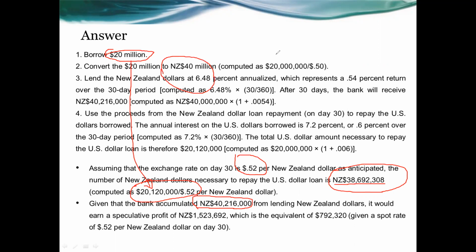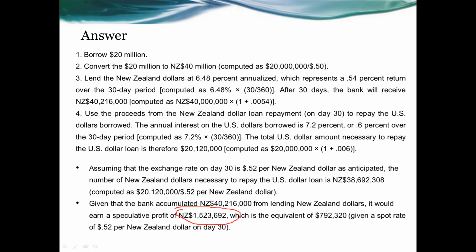See, if the New Zealand dollar appreciated just as the bank anticipated, it makes a profit: New Zealand dollar 1.5 million, or US dollar 790,200. Now you can see how traders deal with anticipation of exchange rate changes.